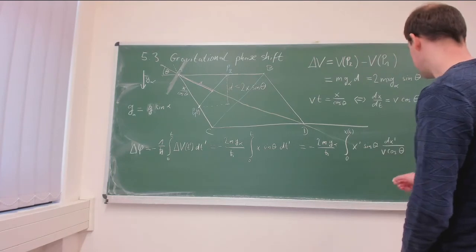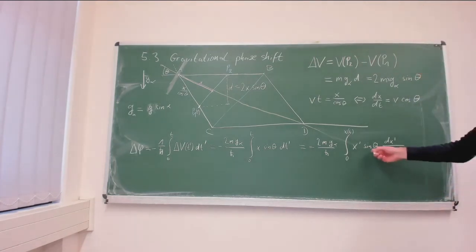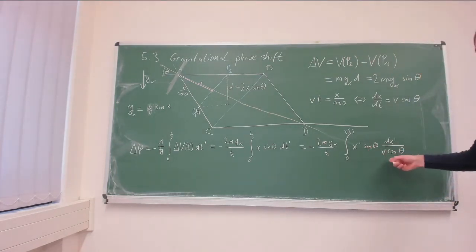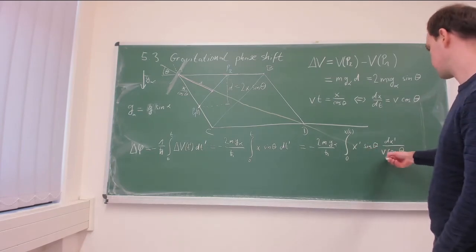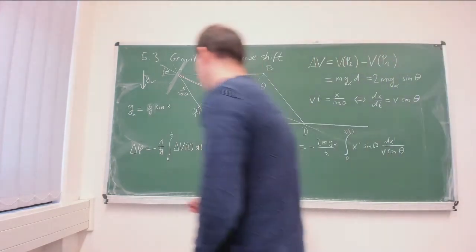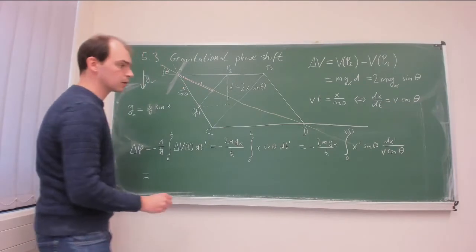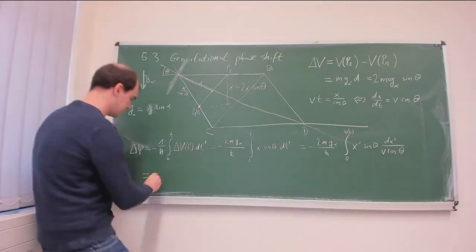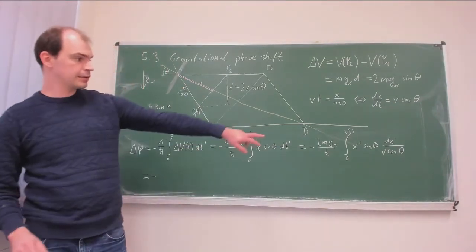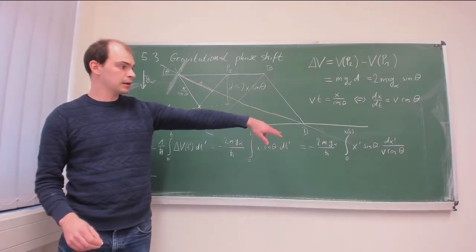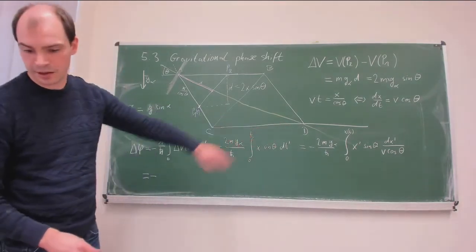Those are constants, so this gives us a tangent of theta. We have the v here. Then the integral over x prime just gives us x squared over 2.